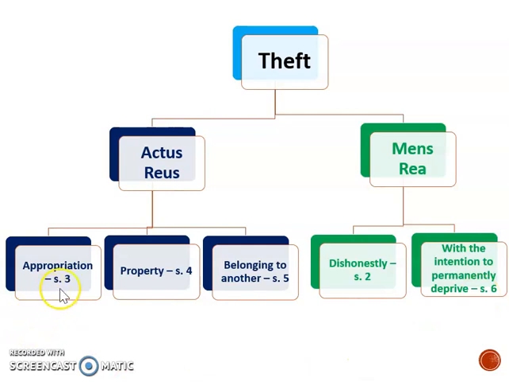And you can see here that there's some section numbers mentioned, and that's because the Theft Act gives some definitions of these terms in the Act itself, but we also have to look at cases which help to illustrate the point. So there are 5 elements in proving theft. And we're going to look at each one in turn, starting off with our actus reus.